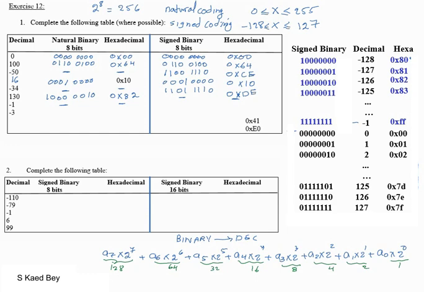If you're not convinced, take the first one as a negative 128 plus 64 plus 32 plus 16 plus 8 plus 4 plus 2 plus 1, and the answer here is minus 1. So you need ones on all of the bits.